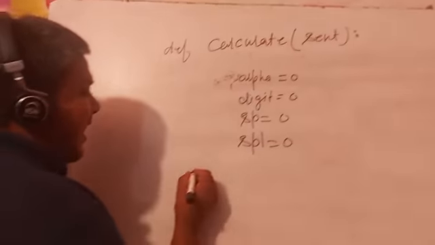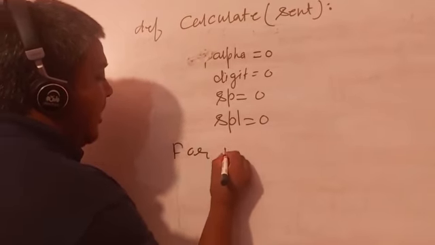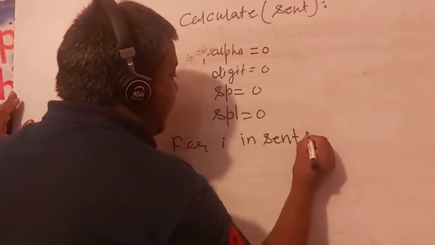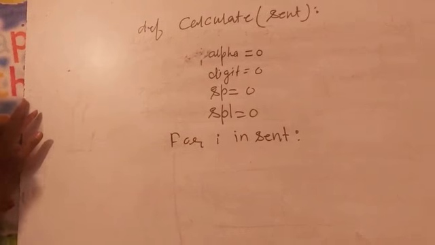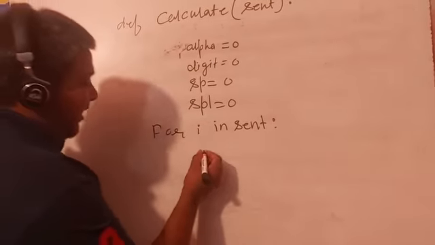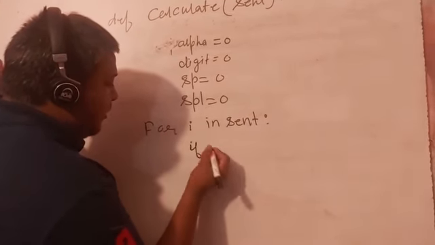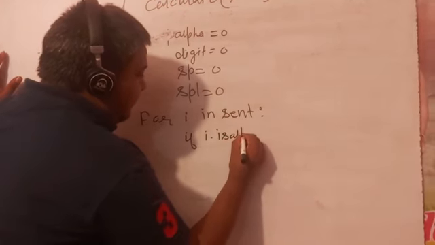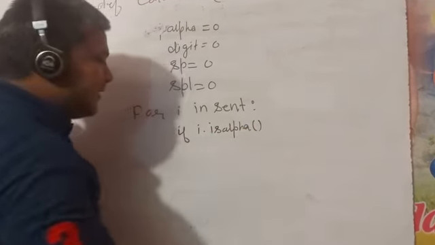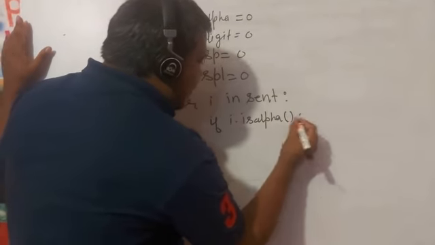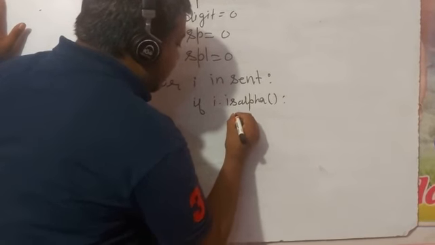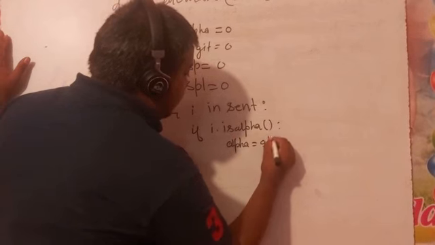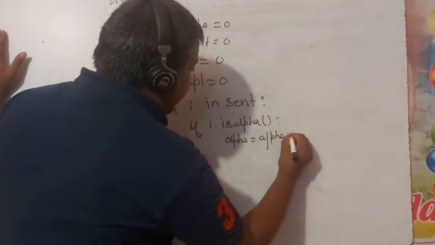And then I will run for i in sentence. I will access all the characters of the sentence one by one, and then, in the indentation of the for loop, I will check if i.isalpha(). If this function returns the true value, then I will calculate alpha is equal to alpha plus 1.